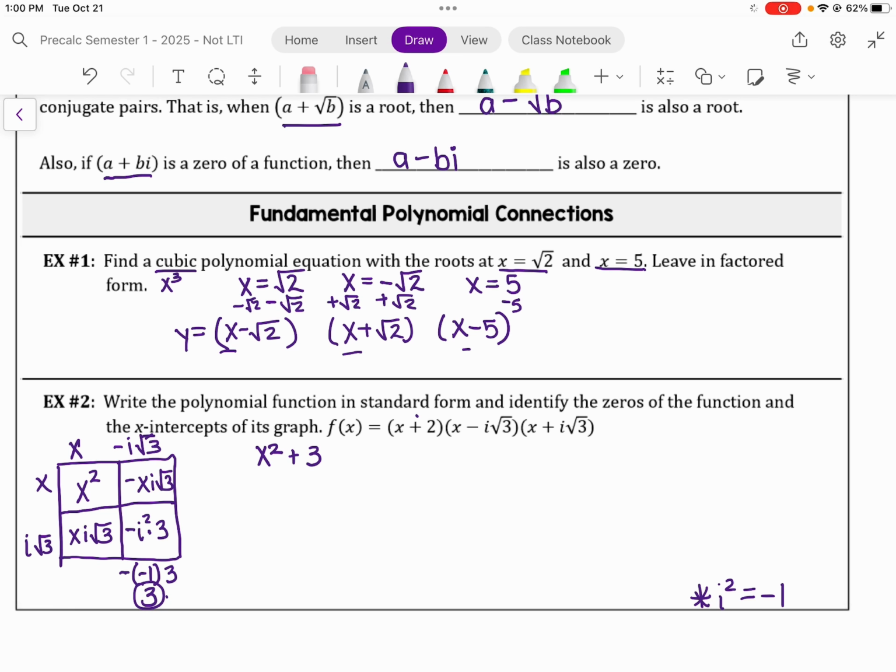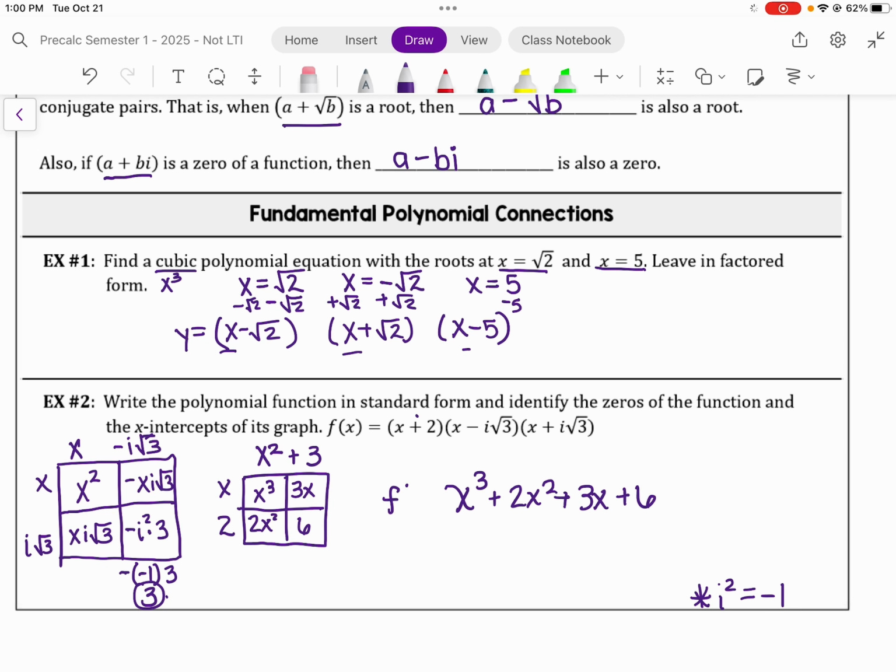And then I have x plus 2. So maybe you do box method again. If you don't like box method, this is where you would FOIL or distribute. So now I have x cubed, 3x, 2x squared, and 6, for a final answer of x cubed plus 2x squared plus 3x plus 6.